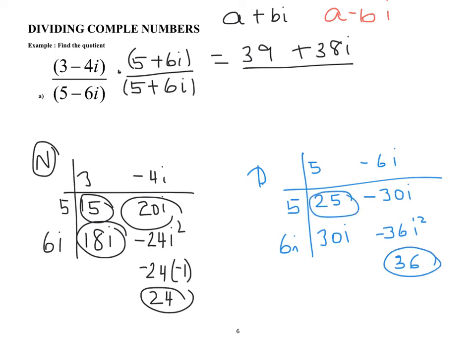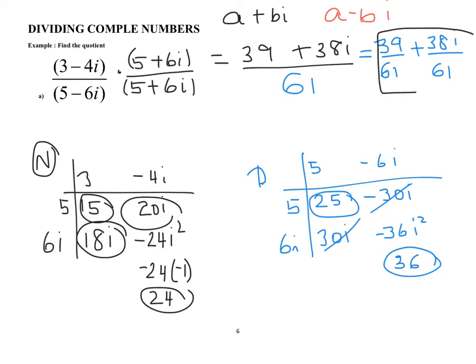We combine with 25, so we get 61. See, the imaginary part is going to be gone, so we get 61. Another way of writing this one is 39 over 61 plus 38i over 61, and that's the final answer.